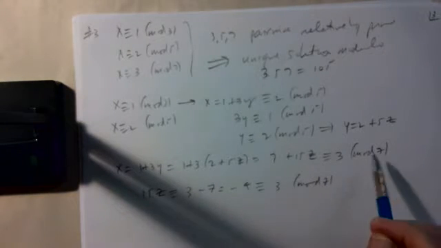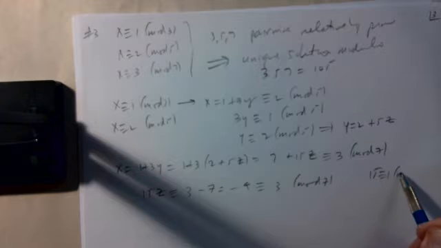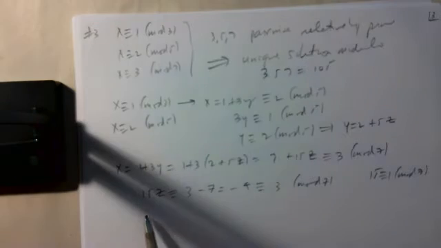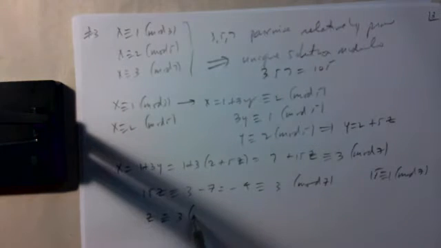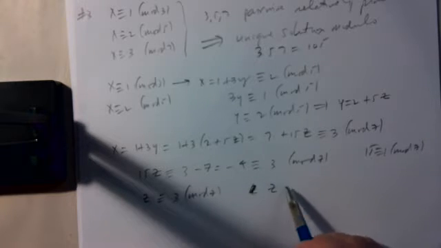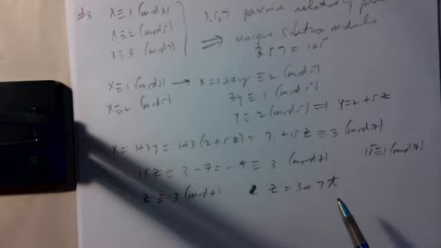And 15 is the same as 1 mod 7. So this says z is congruent to 3 mod 7, or z is 3 plus 7t for any integer t.